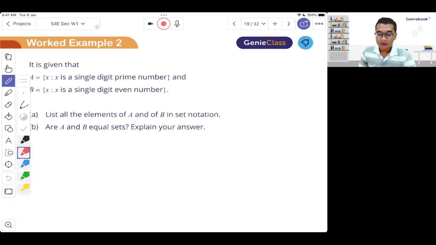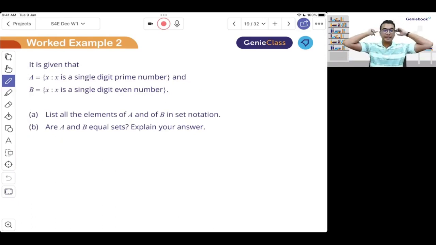So with that, I'm going to move on to worked example 2. Now, in this case, let's take a look. It is given that the elements of set A are single digit prime numbers, and the elements of set B are single digit even numbers.